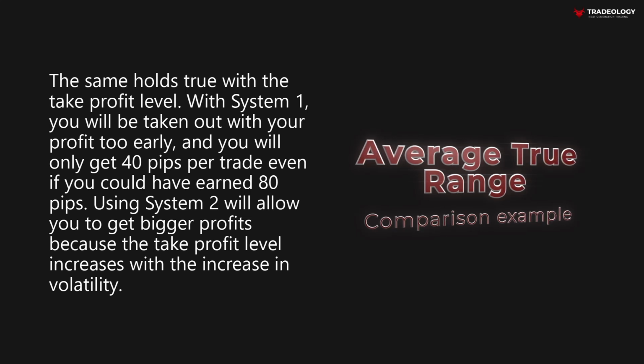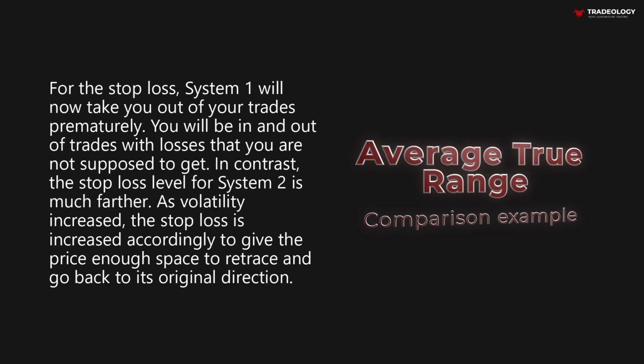Using system 2 will allow you to get bigger profits because the take profit level increases with the increase in volatility. For the stop loss, system 1 will now take you out of the trades prematurely. You will be in and out of trades with losses that you are not supposed to get. In contrast, the stop loss level for system 2 is much farther.